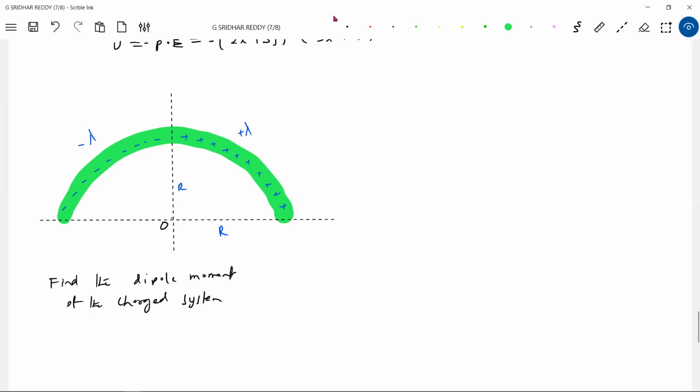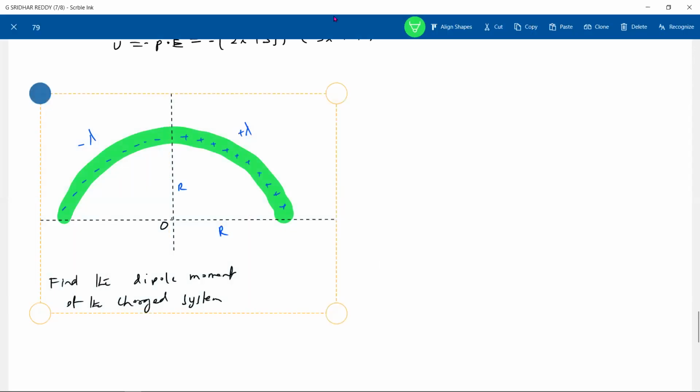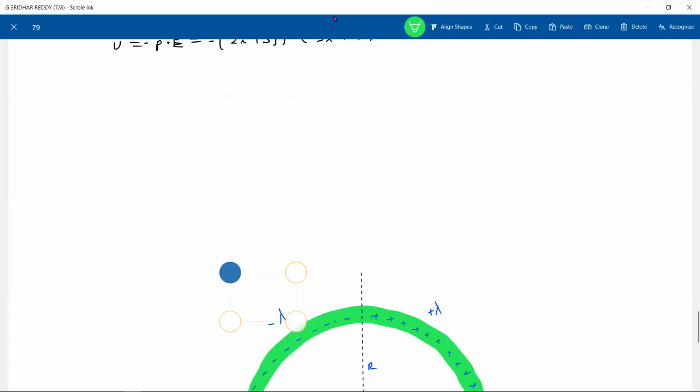Now, what is the method for this? We have to calculate the equivalent dipole moment of the system.